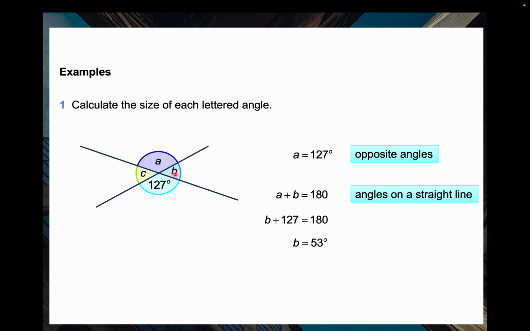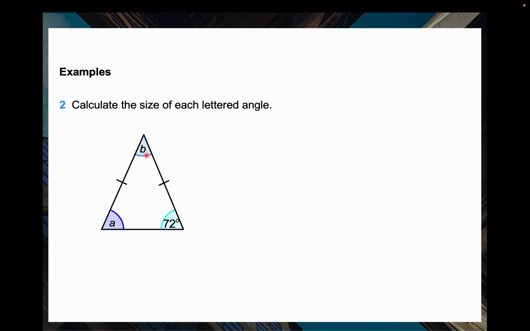So let's have a look at one more example. So here we have a triangle, but this triangle is not an ordinary triangle. We need to know the meaning of these two little line segments sketched over here.